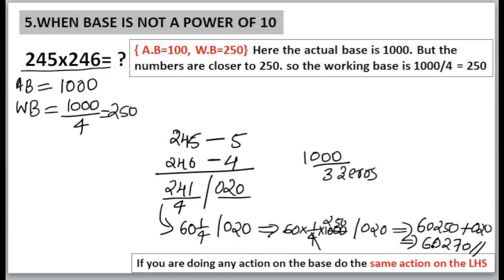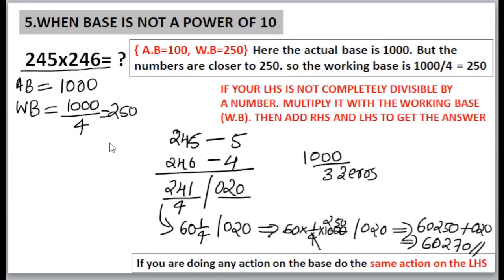So when you have a fraction in your LHS, you have to multiply it with the base, then add both LHS and RHS together.